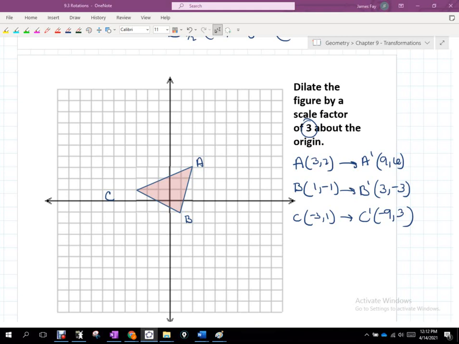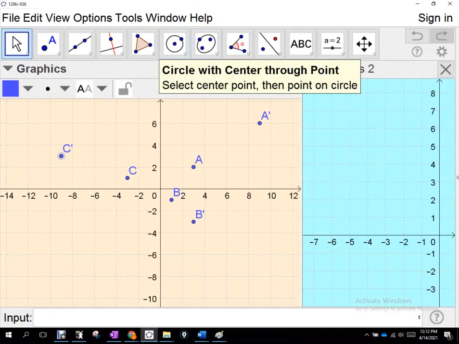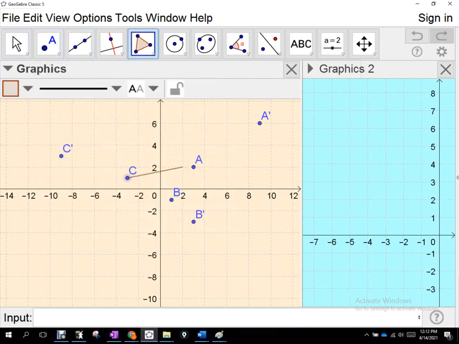And C. All right, just placing those there. I'm going to connect them with the polygon tool.